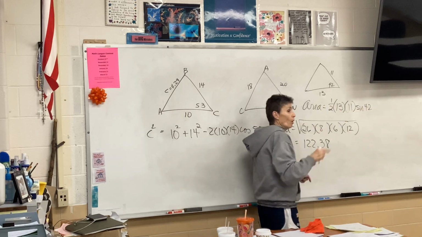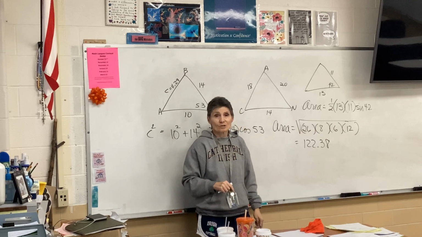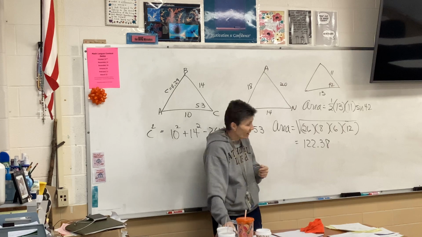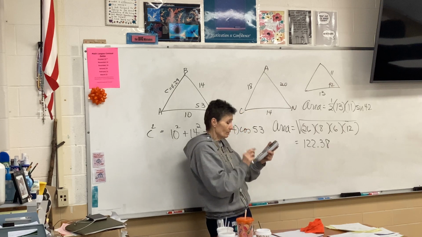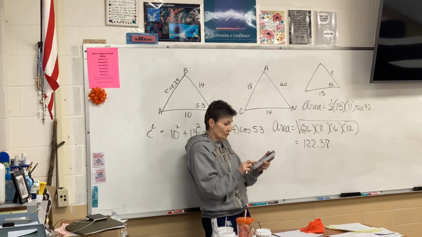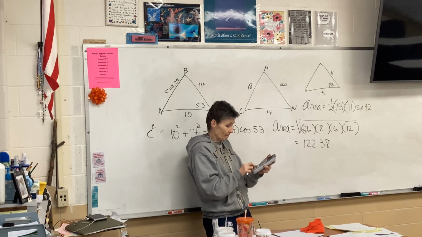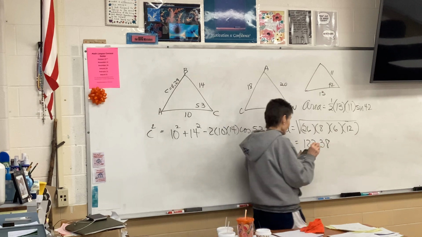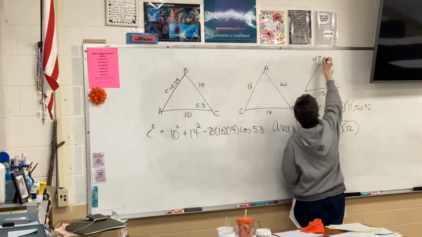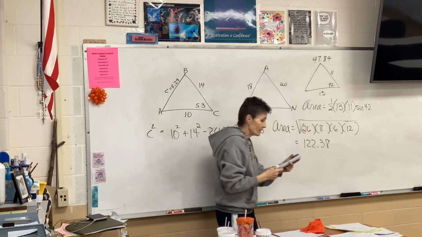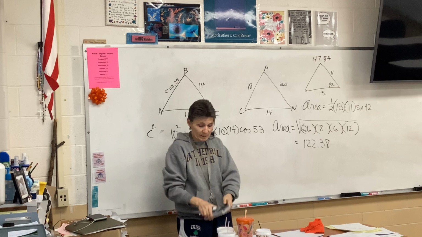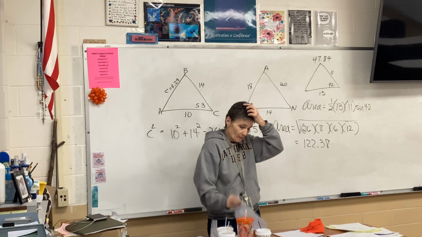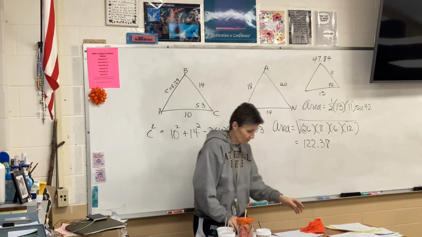Remember, you can always do 1/2 side side sine as long as the angle you have is between the 2 sides that you have. And just type it in. There is literally no work to this problem. I got 47.84. And again, there's no units, so I don't need to worry about that. I will have units on my word problems. No word problems here, we're just finding area. So that is it for side 1.